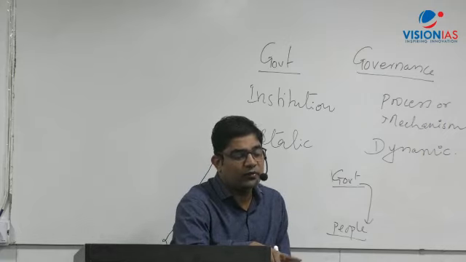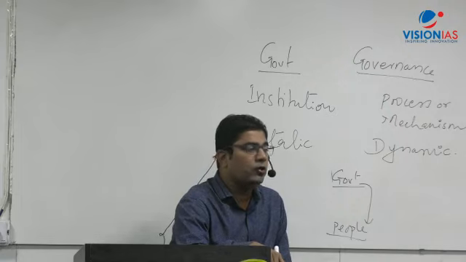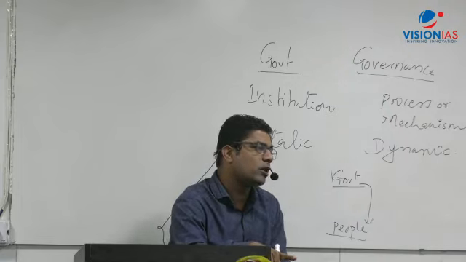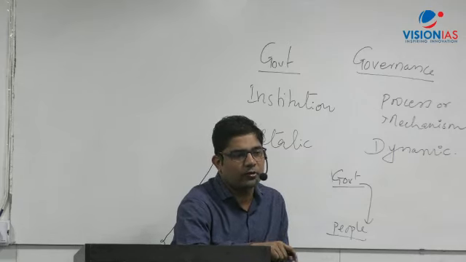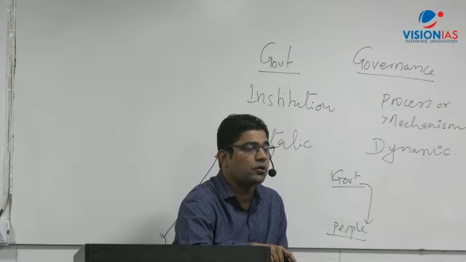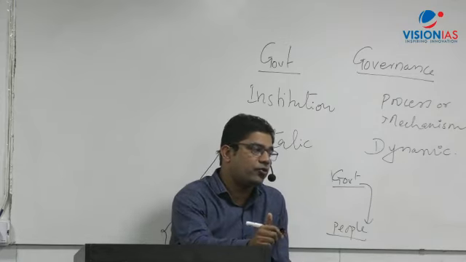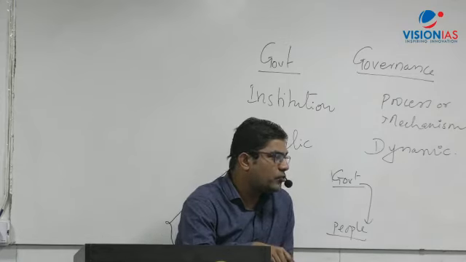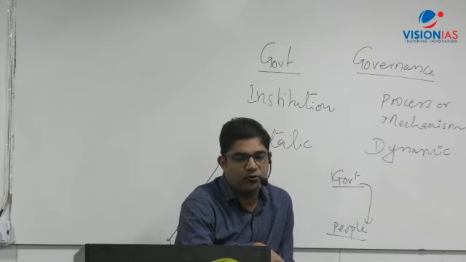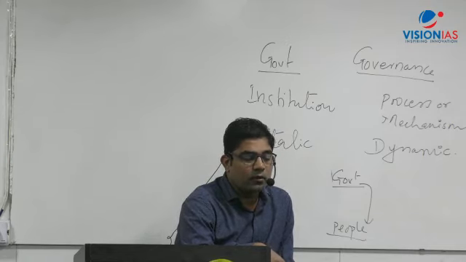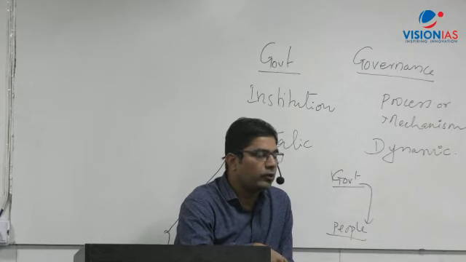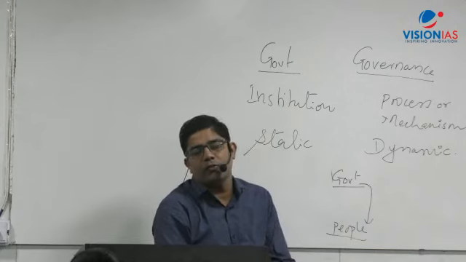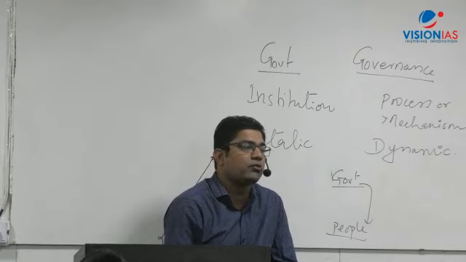Legitimate government is one where the ruling class works in the larger interest of masses or people, in brackets, the ruled ones. So if it is in the interest of the ruled ones, then obviously it is a legitimate government.